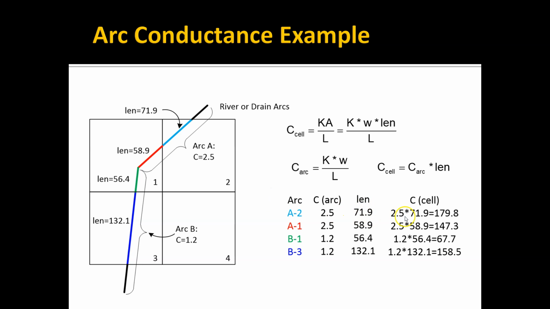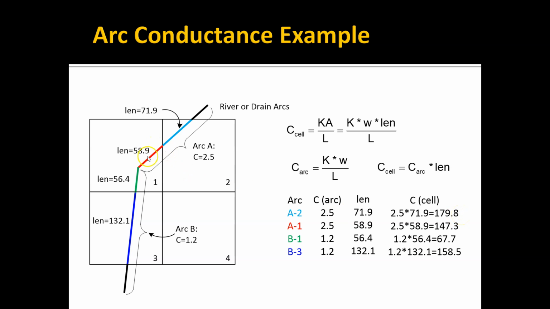So if you take 2.5, multiply it by 71.9, we get the cell-by-cell conductance. So the cell conductance is the arc conductance times the length, which would give you this cell conductance up here. And what GMS would then assign to the cell is 179.8.